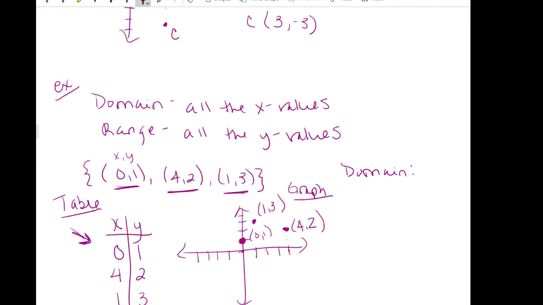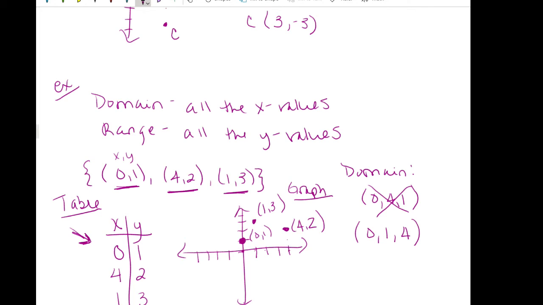Now most of us will be quick to throw down 0, 4, 1 as the domain. But I'm going to be particular about your answer, and I want it to be written in what's called ascending order. So I don't want you to just write down what you see. I want you to make sure that you put it in increasing order, or ascending order.